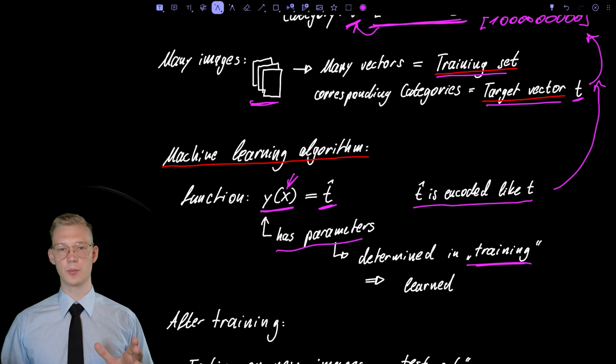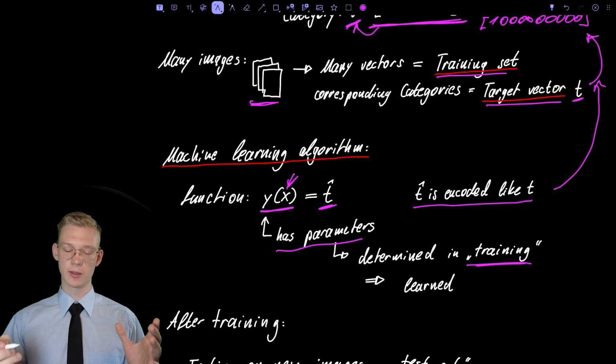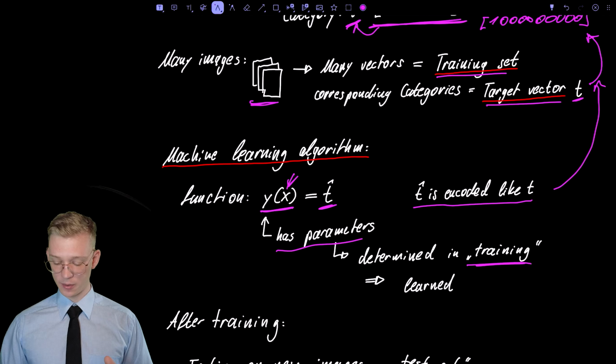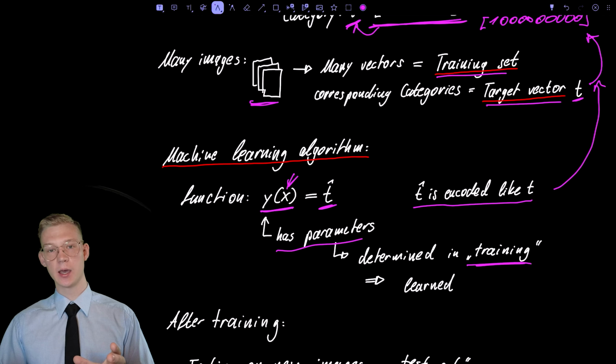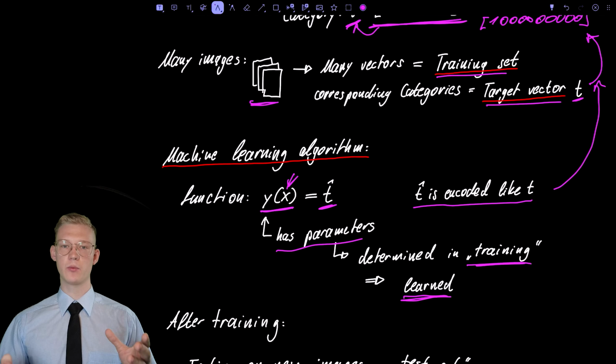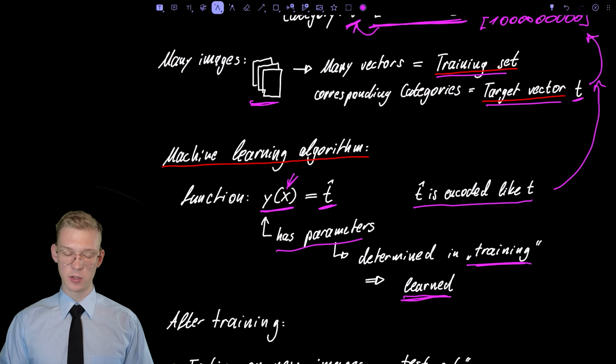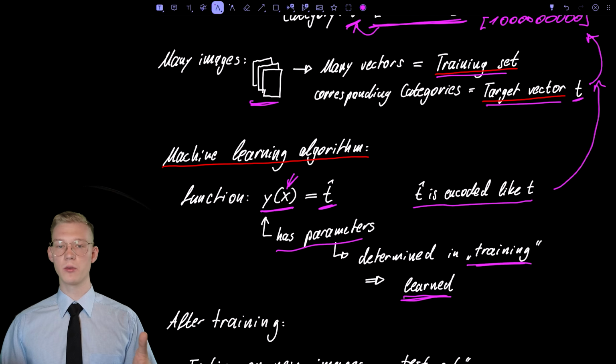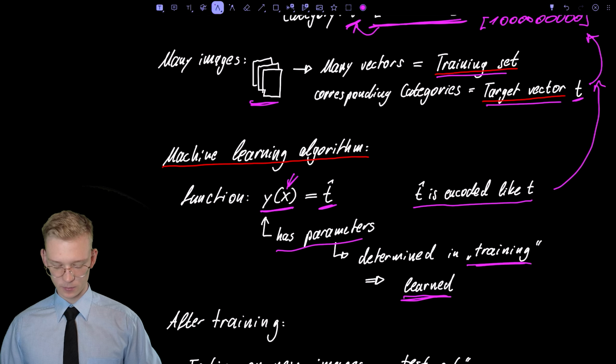So this is where the computer will be learning the different patterns that all the images have in common, or better to say, that all images of 5s have in common and images of 6s have in common. And these parameters will be learned. They will be adjusted in such a way that it can predict if a new image is a 0, 1, 2, 3, and so forth.